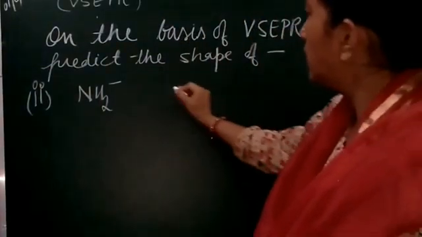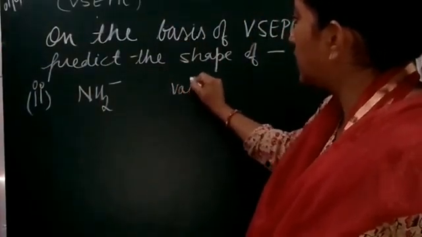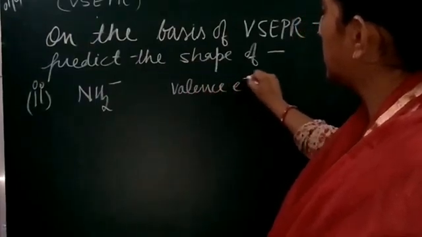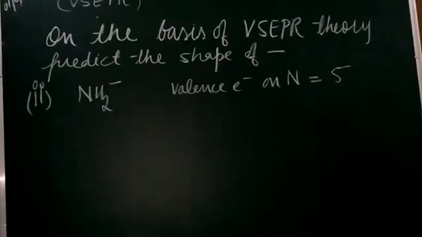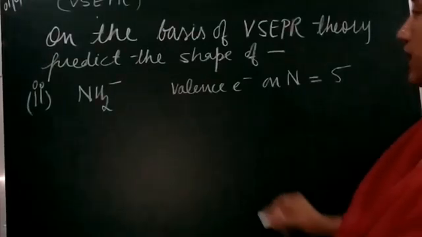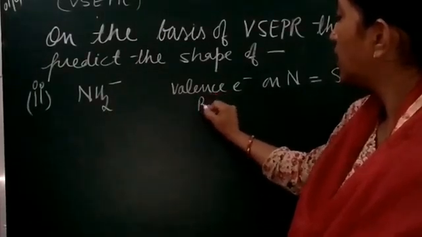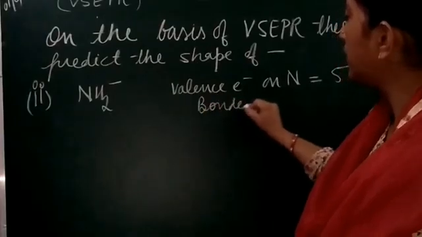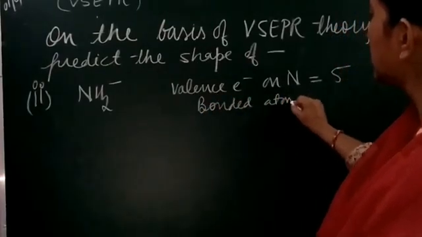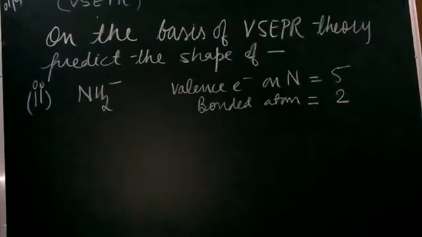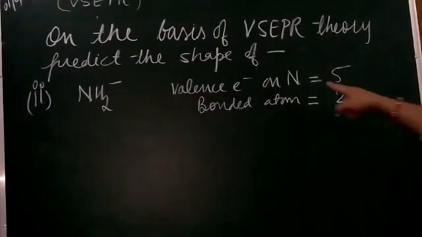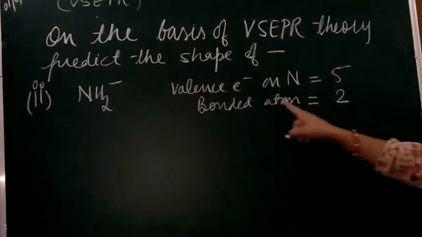Here also the valence electrons on nitrogen is how much? 5, right? And the bonded atoms around it, how much, students? It is 2. So the number of valence electrons on nitrogen is 5 and the bonded atoms is 2.